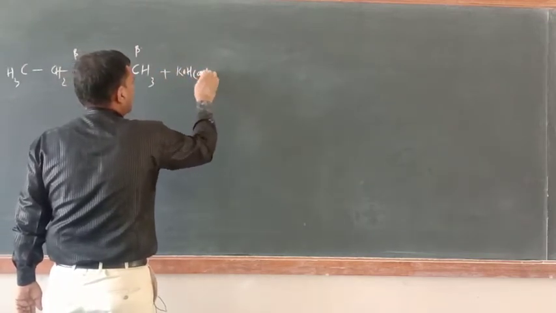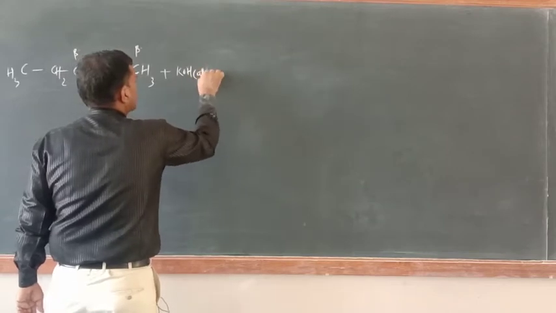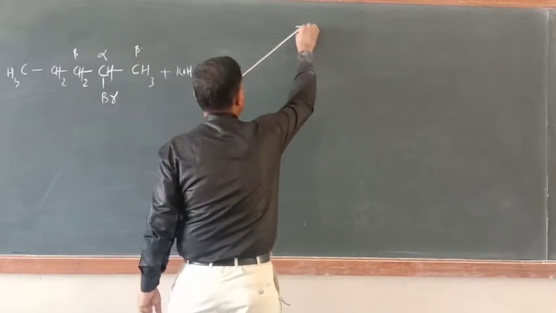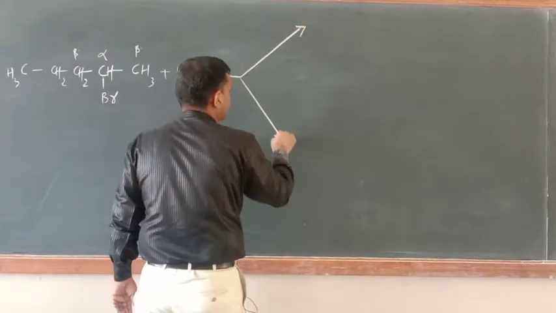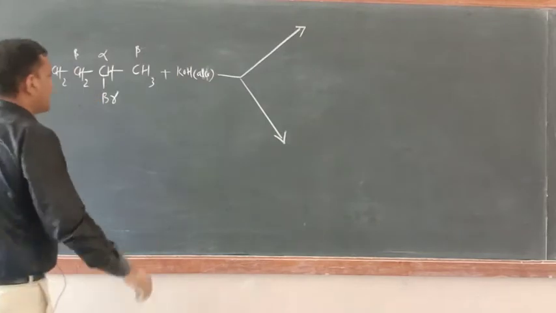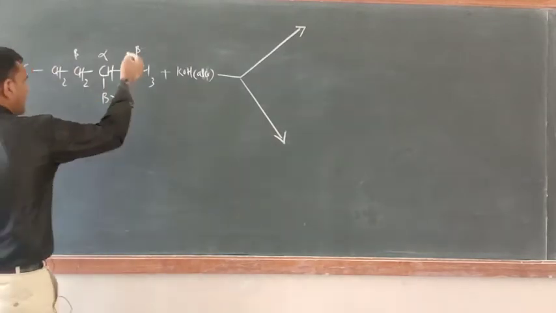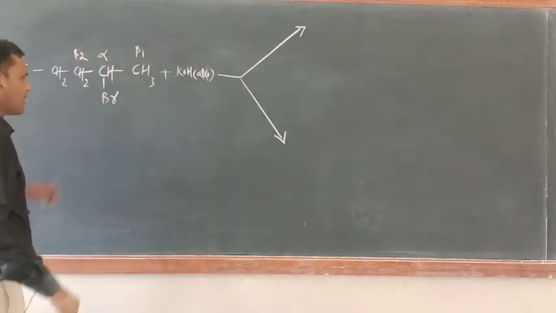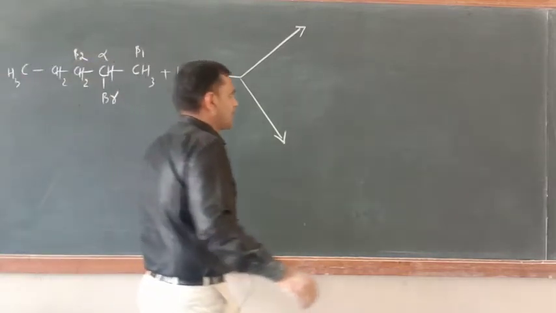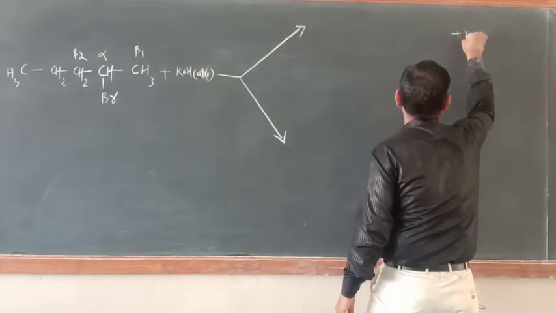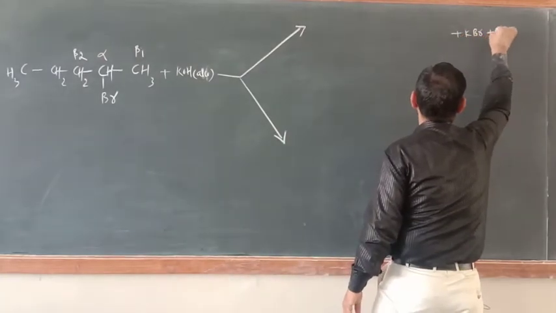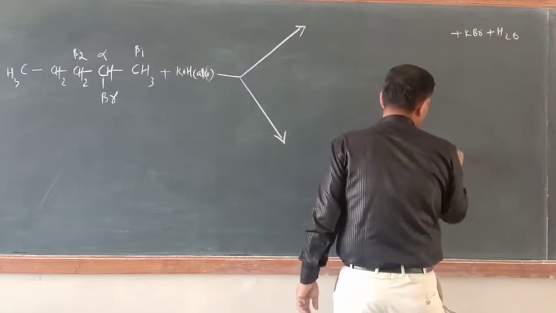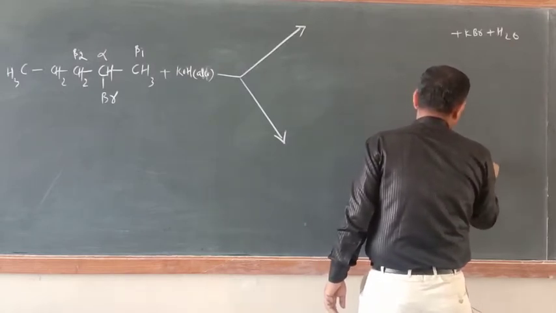Here write alcoholic KOH. Okay. So now here just see this one and this one. Now try to understand, here alcoholic KOH. Now let us number it. Beta 1, this is beta 2. Okay. So now this product is fixed. KBr plus H2O. Here also in the second case KBr plus H2O.